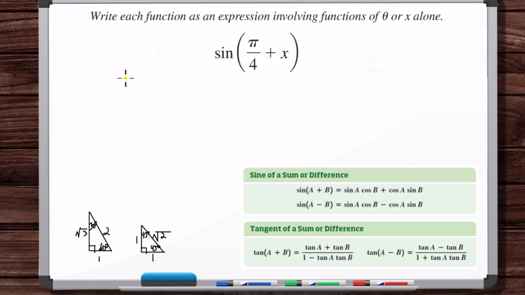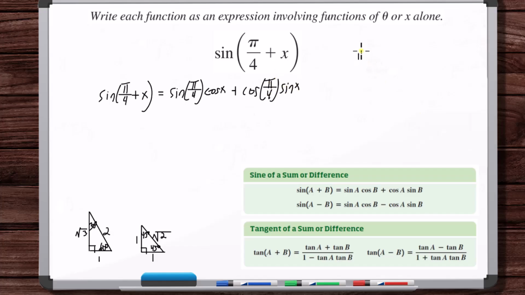Okay, let's expand this out using the sum formula for sine. So, okay, sine pi over 4 cosine x plus cosine pi over 4 sine x. All right, now what is pi over 4 in degrees?